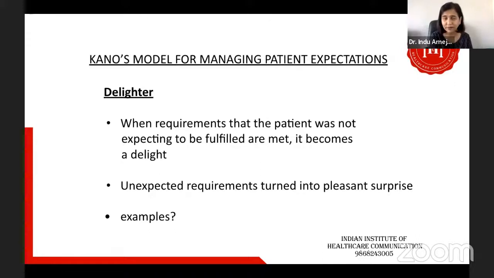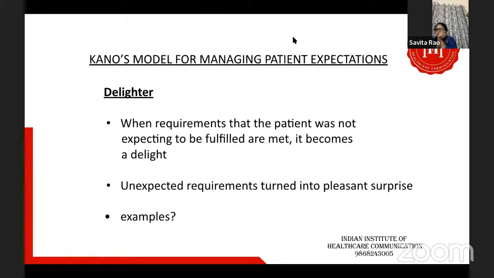My encounter with this concept in healthcare was around 30 years ago, when my husband's aunt was admitted in Escorts Hospital, Delhi. It was Dr. Trehan who had started it, now he's in Medanta.